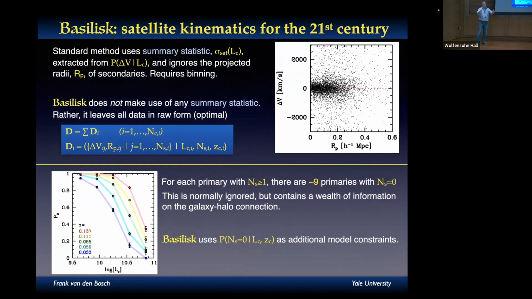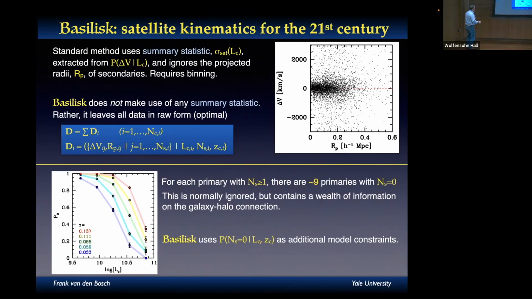Finally, when you actually put these cylinders around your galaxies and you find your primaries, for every primary that has at least one secondary and that you can use for your satellite kinematics, there are about 9 primaries that have 0 secondaries in the cylinder. And so you don't have any data for the velocity dispersion or anything, you don't use it.